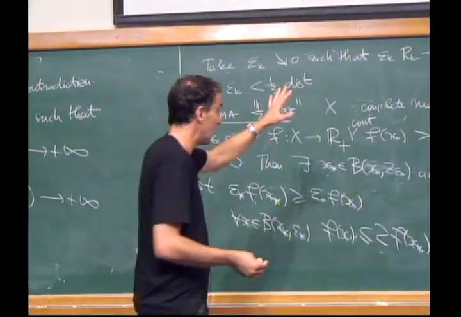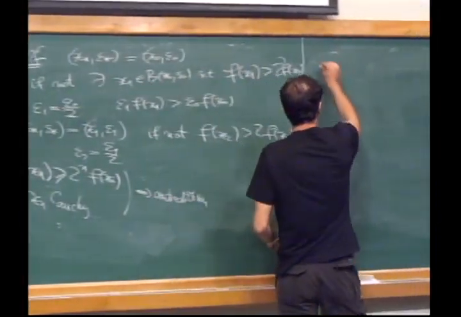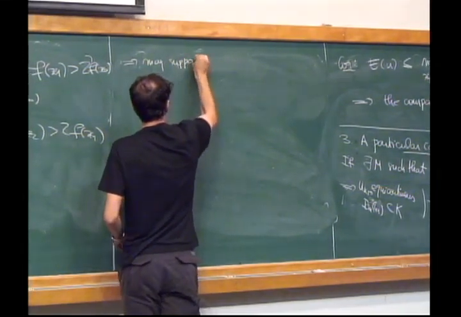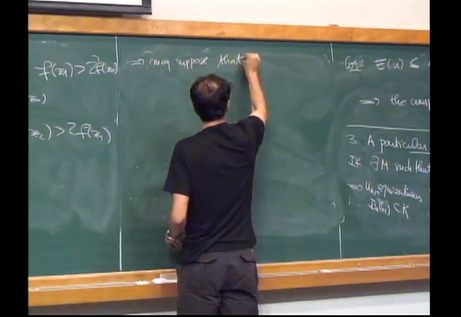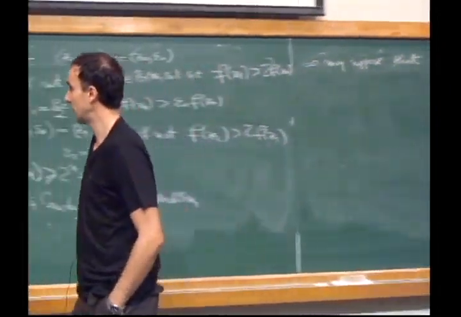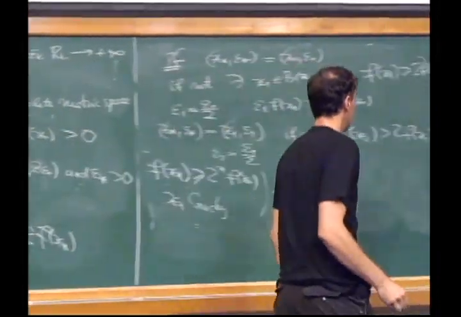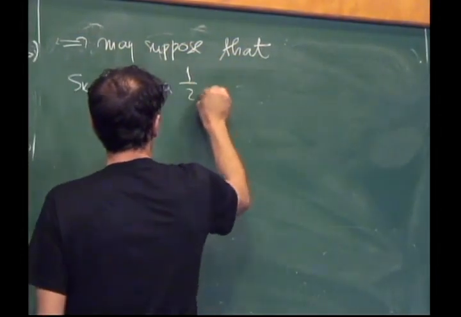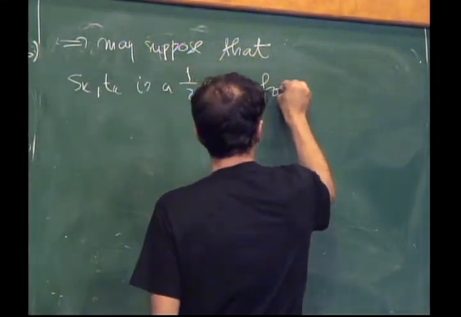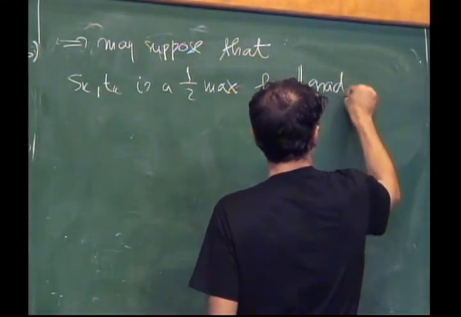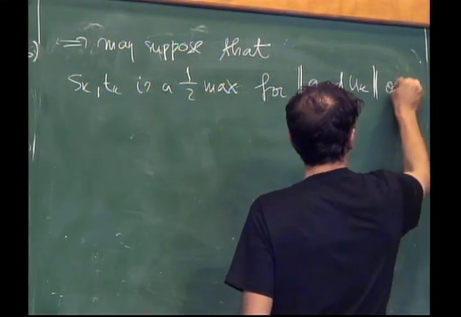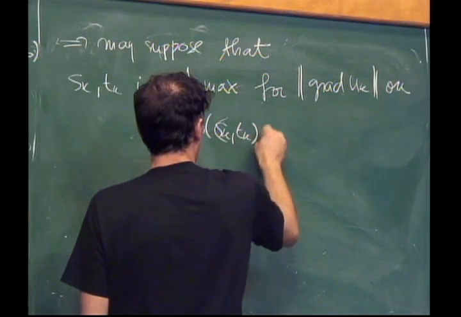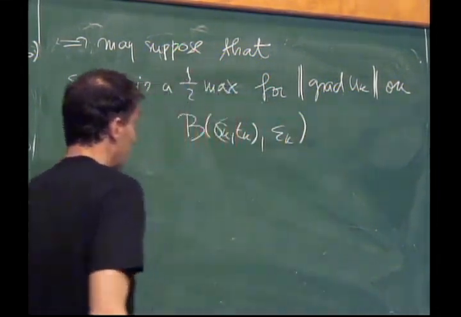So you do not lose this property. Which means we may suppose that sk, tk is a half maximum for the gradient of uk on this ball. Okay?